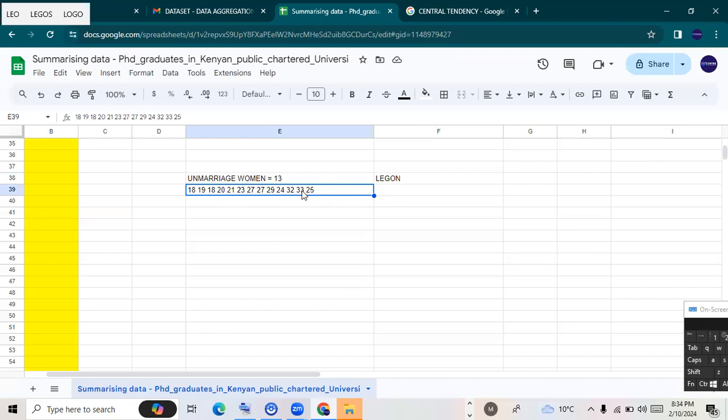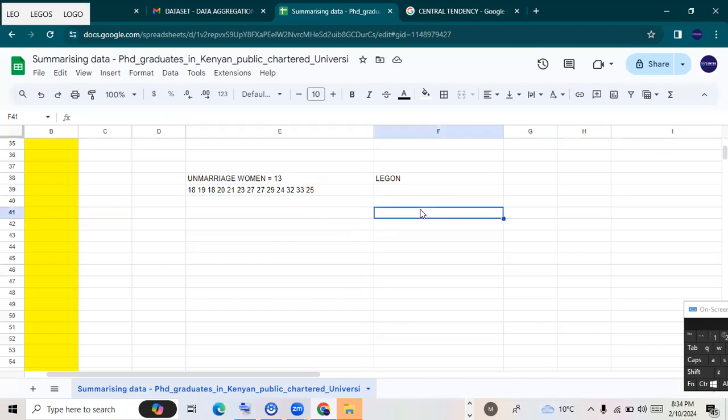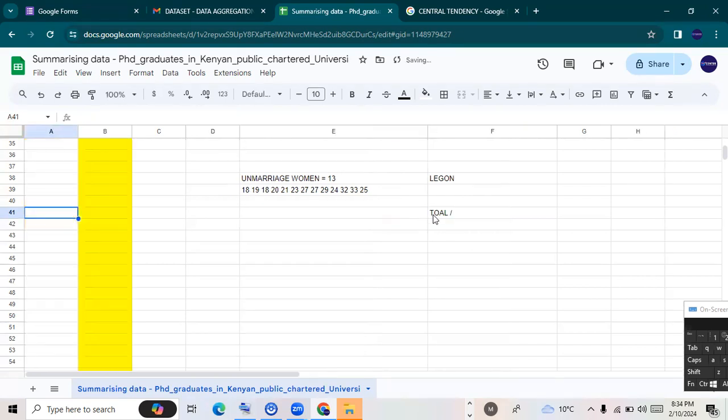And finding our mean, we are not going to do any calculation. To find a mean is to take the sum of the total numbers over here, divided by the count of the numbers over here.